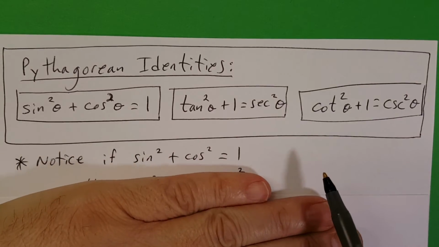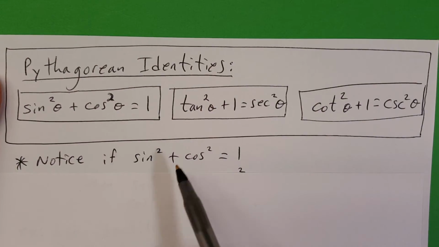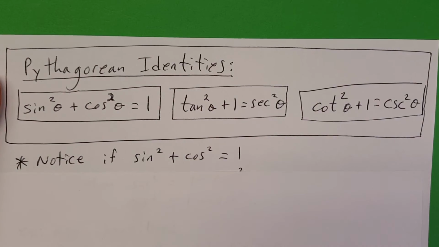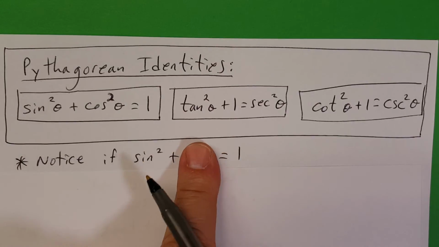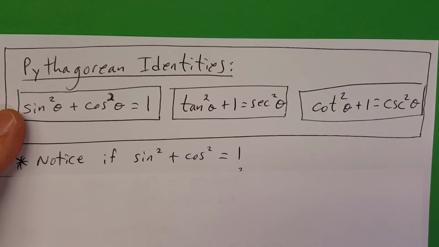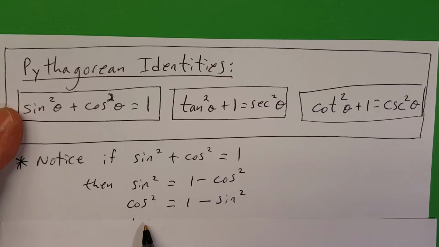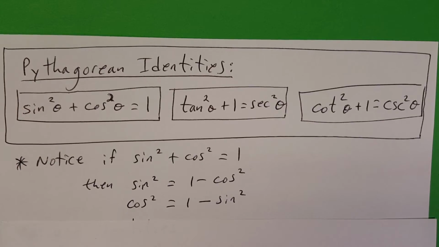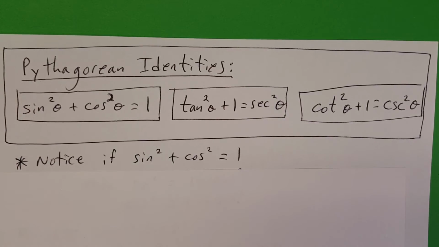Right? Go back to this. If I do minus cosine squared on both sides, then I'll get sine squared is equal to 1 minus cosine squared. Right? And the other way, if I do minus sine squared on both sides, don't I get this? So my point is, when you see this or this, you should know that all 3 of these are the same identity.